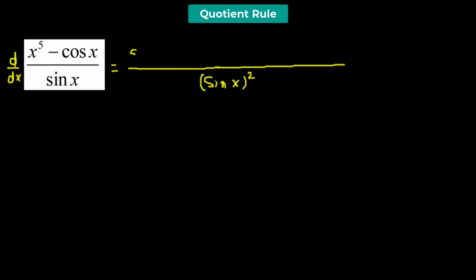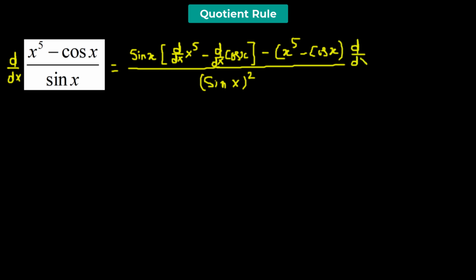Then in the numerator we have sine of x multiplied to the derivative of the numerator, which will be derivative of x raised to the power of 5 minus the derivative of cosine of x, minus x raised to the power of 5 minus cosine of x multiplied to the derivative of sine of x.